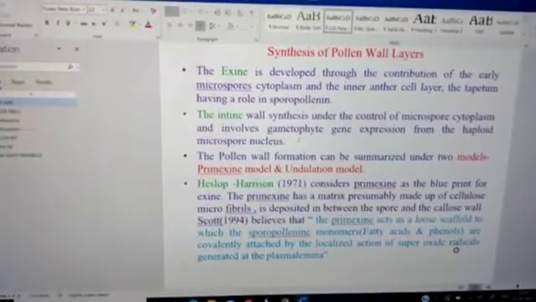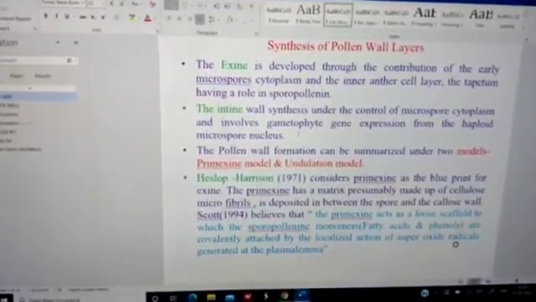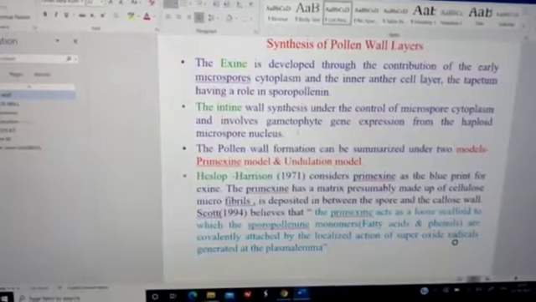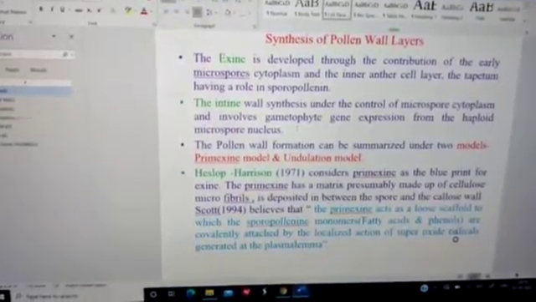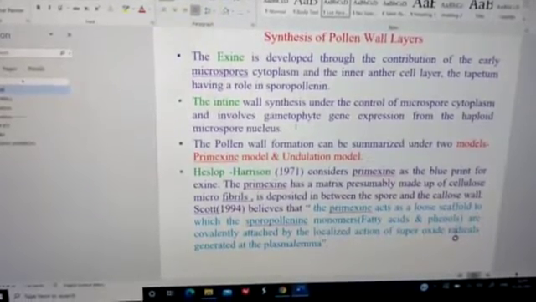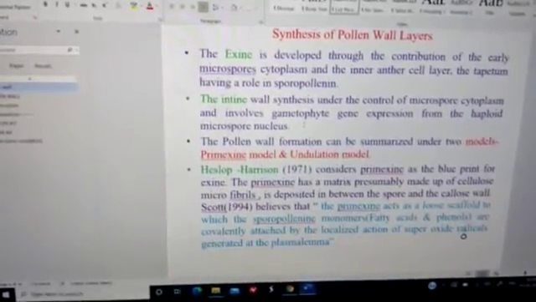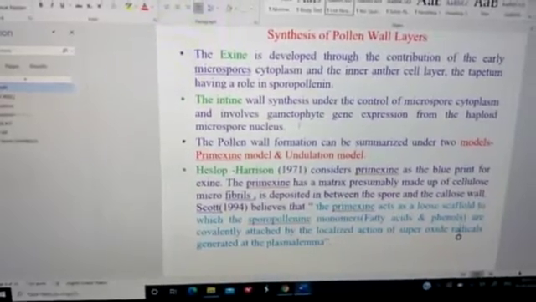Pollen wall formation can be summarized in two themes by scientists. One is Heslop-Harrison, who in 1971 gave a model for the development of the pollen wall.